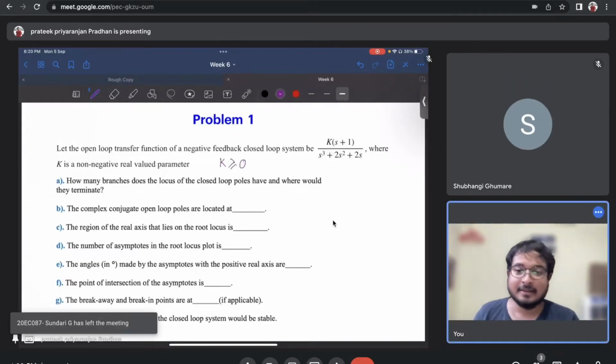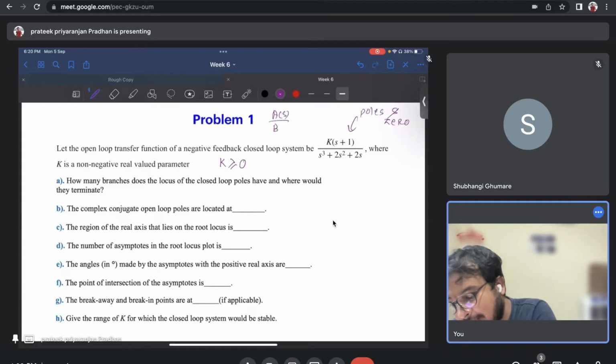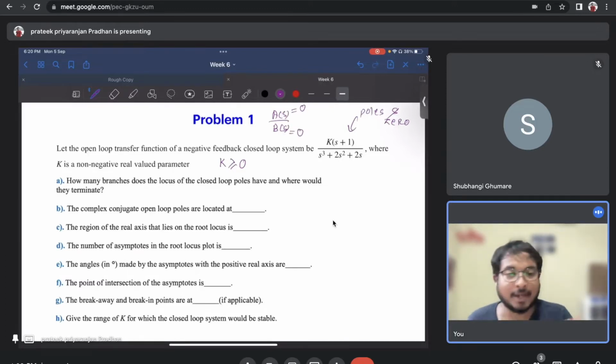The first step, as I mentioned, is to find the poles and zeros. If it's an A(s) by B(s) kind of equation, equate A(s) equal to 0 to find the zeros, and equate B(s) equal to 0 to find the poles.